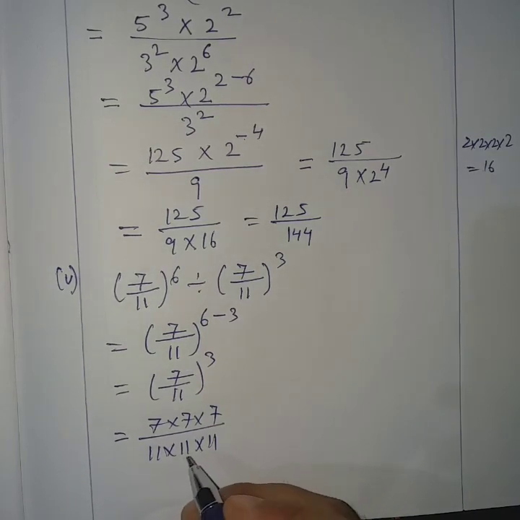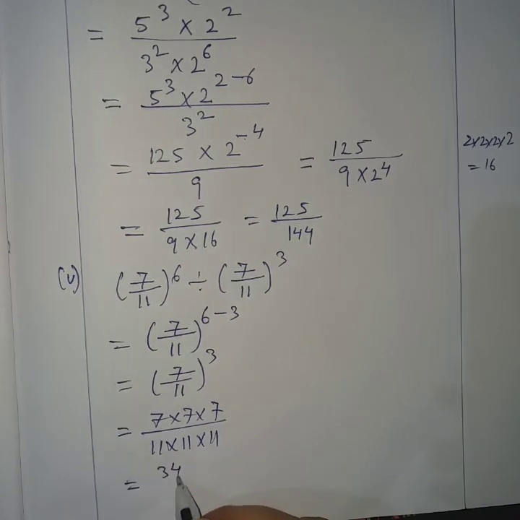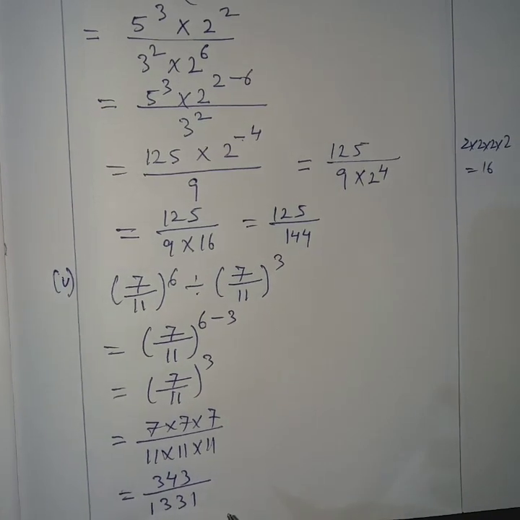After multiplying we get 343 in the numerator and 1331 in the denominator.